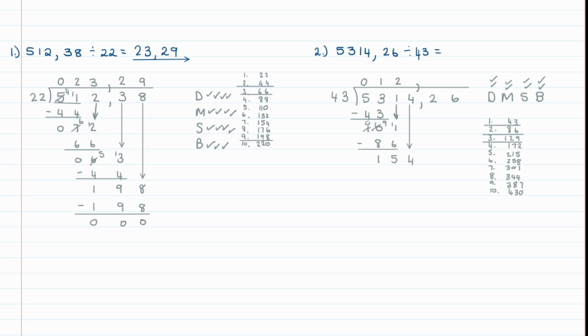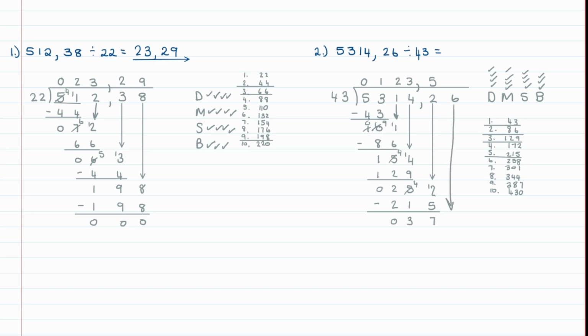Begin again by saying 154 divided by 43, which gives us 3. 3 times 43 is 129. 154 minus 129 gives me 25, and I bring down the 2 to make 252. 252 is the last number I wrote down, so that number is going to be divided by 43, which gives me 5. 5 times 43 is 215, and 252 minus 215 gives me 37.